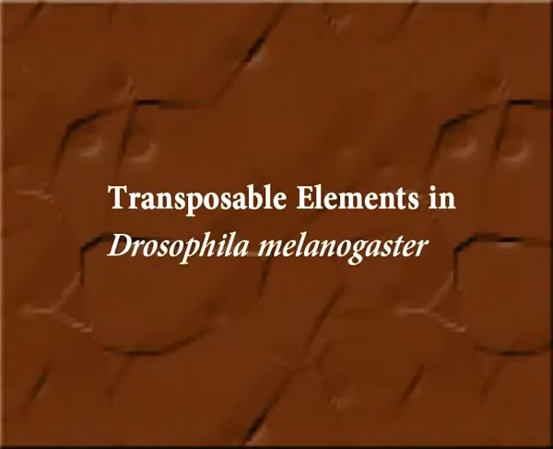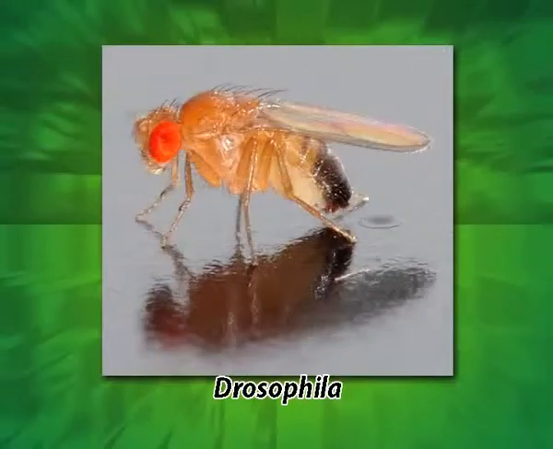First, the transposable elements in Drosophila melanogaster. The presence of transposable elements in Drosophila melanogaster was first inferred from observations analogous to those that identified the first insertion sequence in E. coli. These sequences include the copia retroposon and the P elements.